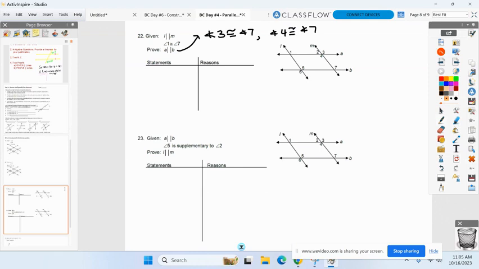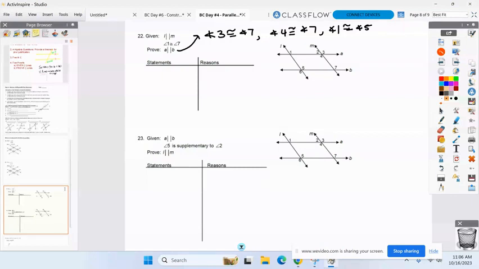We have 3 and 7. We have 4 and 7. What am I missing here? I think, is that it though? 1 and 5. 1 and 5, there it is. Thank you. 1 and 5, because they're corresponding. So I'm just showing you there's multiple ones.